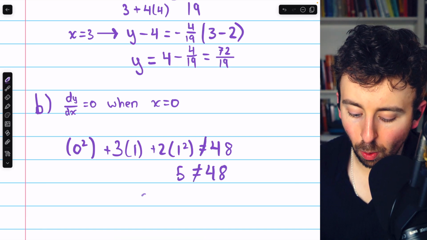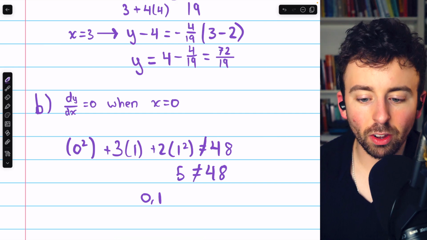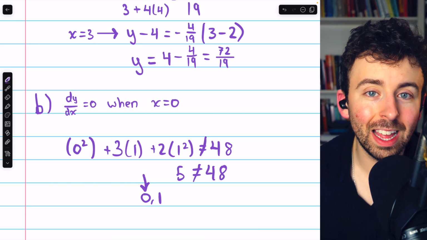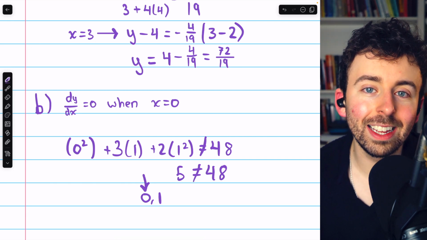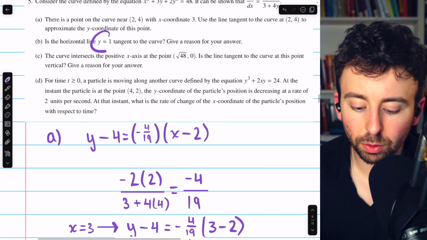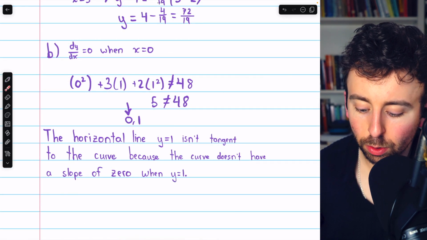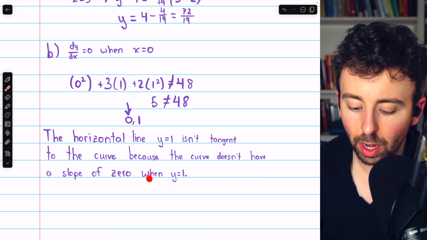So in fact, the point (0, 1) is not on the curve, and it's only when x equals 0 that the slope could be 0, and thus the tangent could be horizontal. Since this point isn't on the curve, it's not possible that the horizontal line y equals 1 is tangent to the curve. So we could say the horizontal line y equals 1 isn't tangent to the curve because the curve doesn't have a slope of 0 when y equals 1.